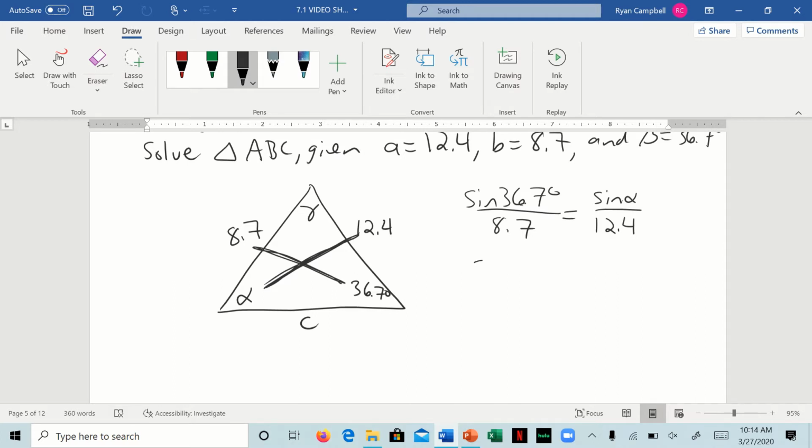So if we solve for alpha, sine of alpha is 12.4 times sine of 36.7 over 8.7. And we can divide this out and see that that's a positive number.